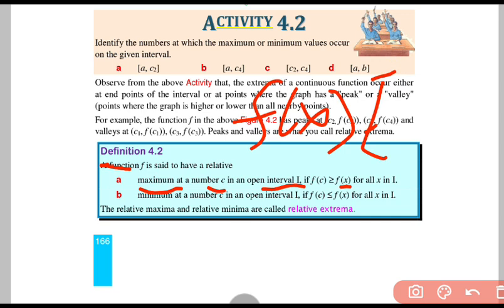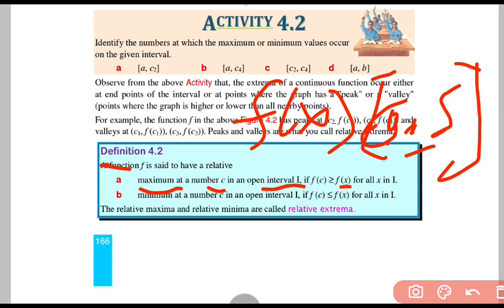Due to this, when we give 0 up to 5, assume f of 0 is greater than f of 5.